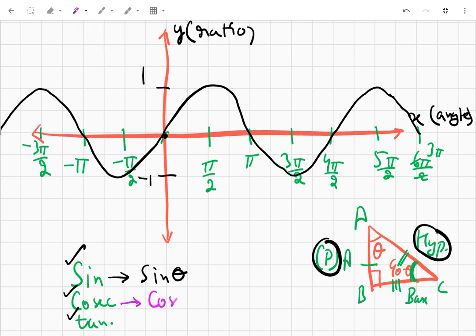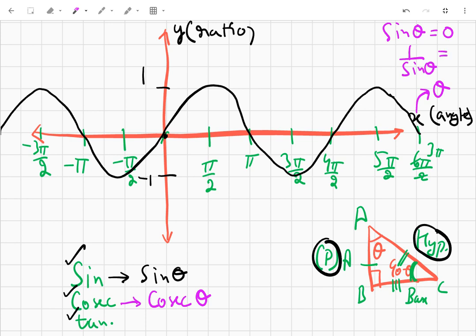Let us now draw the graph of cosecant x. Cosecant theta or x, anything, doesn't matter. For the sake of clarity, this x is theta. Now, cosecant is the inverse of sine. So when sine theta is 0, what will be 1 upon sine theta?